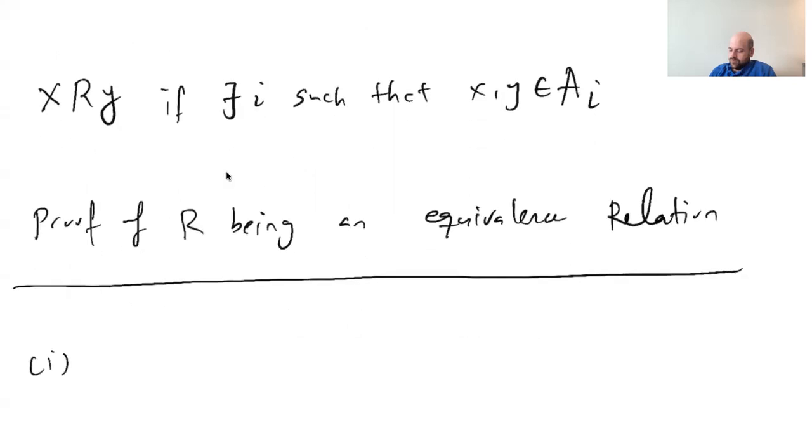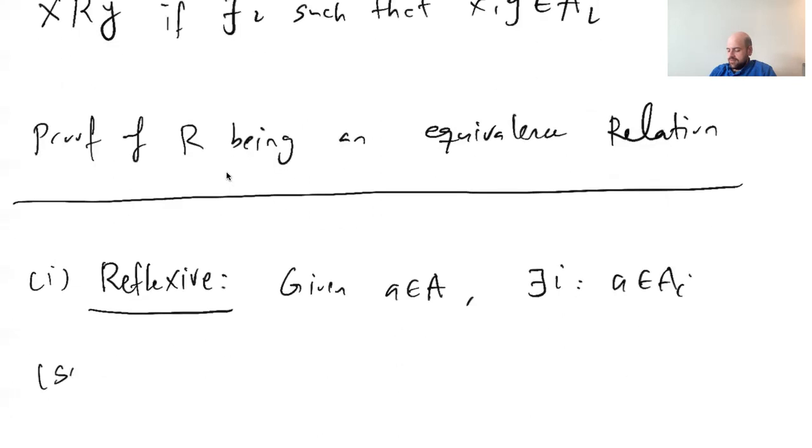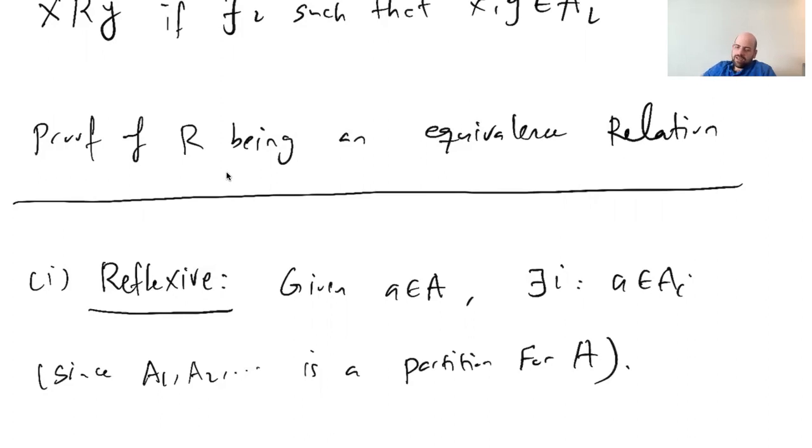First we have to prove reflexive. Given a in A, we can say that there exists some I such that a is in AI, since A1, A2, and so on is a partition for A. Remember, we are assuming that we have a partition for A, and the partition is like capital A1, capital A2, and so on.